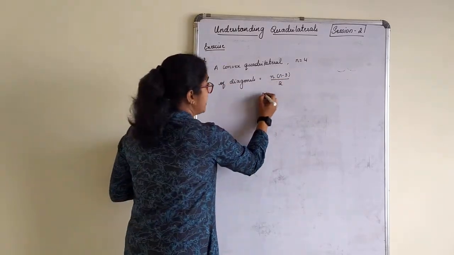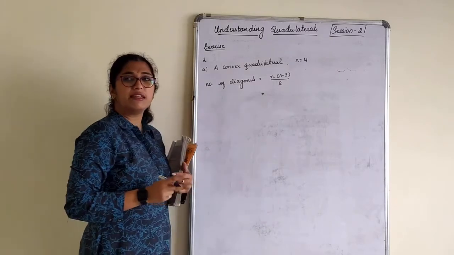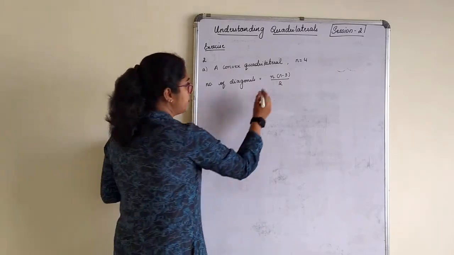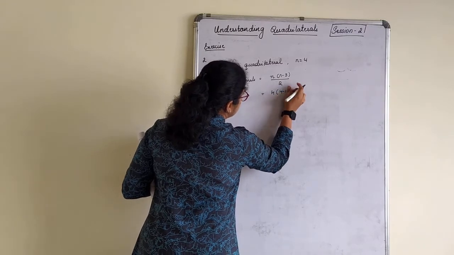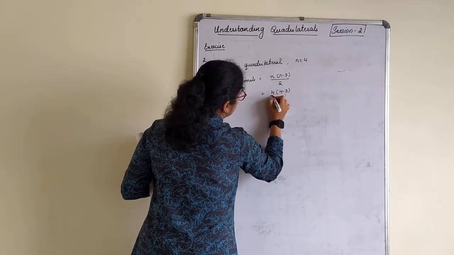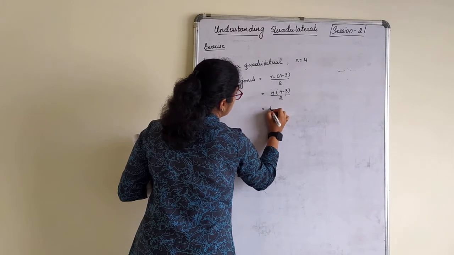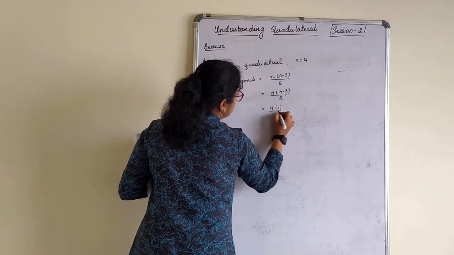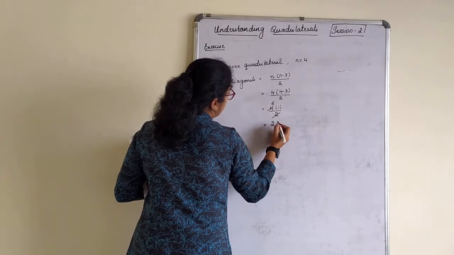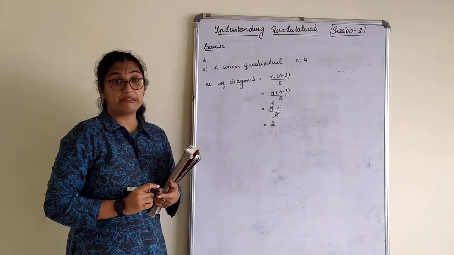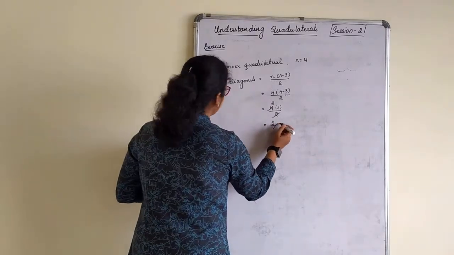Though we know a quadrilateral has 2, we'll just apply the formula. So n is 4: 4 into (4 minus 3) divided by 2, so 4 into 1 divided by 2, which is 2. So a convex quadrilateral can have 2 diagonals.